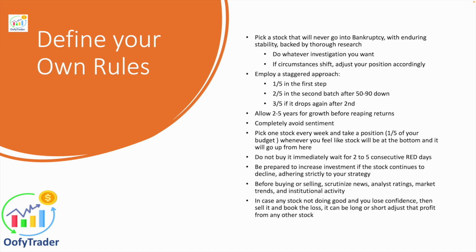When I decide I'm going to invest in Lucid, say I decide on 20,000 in my budget, which I can risk for this stock, and I can wait 2 to 5 years for this stock, or more or less than that. It depends on my profile, portfolio, etc. So define your own way.